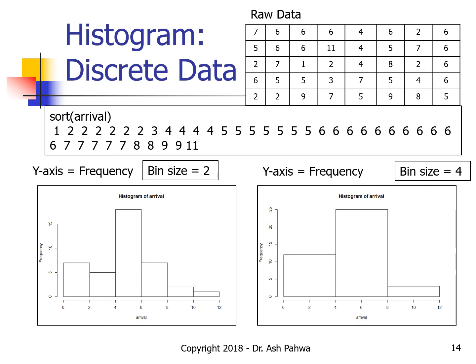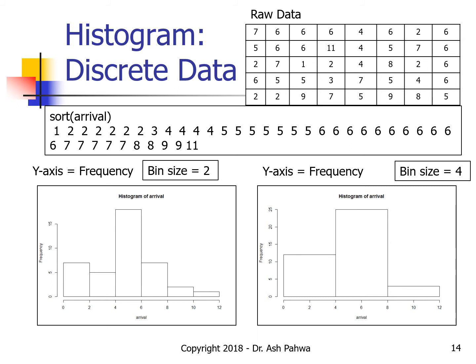Now, let us extend this idea and increase the bin size to 4. I would like to know how many times from 0 to 4 customers came in a 15-minute period. So, we can count all the 1s, all the 2s, all the 3s, and all the 4s. As you can see, there is 1 1, there are 6 2s, that comes out to be 7, 1 3, that comes out to be 8, and there are 4 4s, this comes out to be 12.